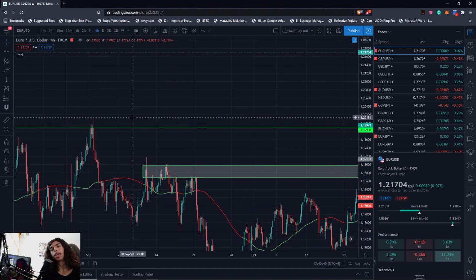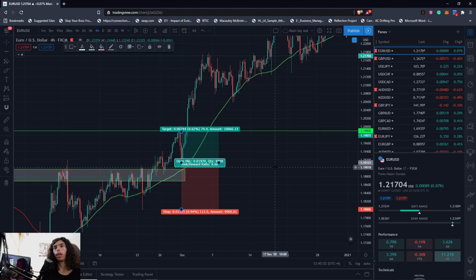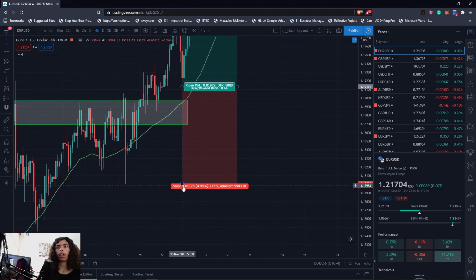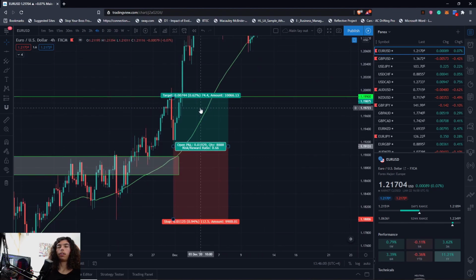So I want to take my profits at that area. Why? Because maybe price goes back down after reaching that area. You don't know. So we're going to take our full profits there. We draw the line all the way up to here, and we put our stop loss. This is the tool, and you can see that this is where your profit is taken.